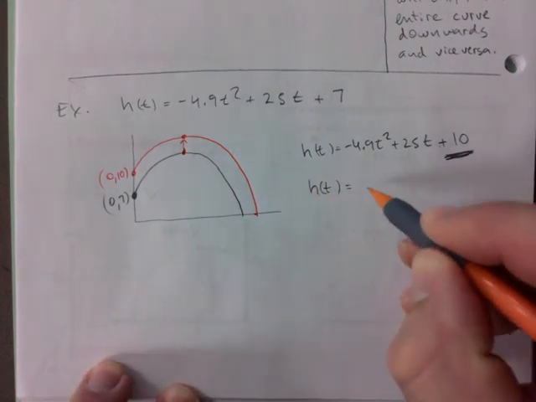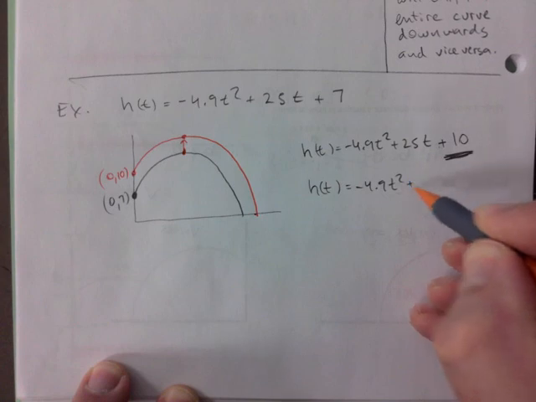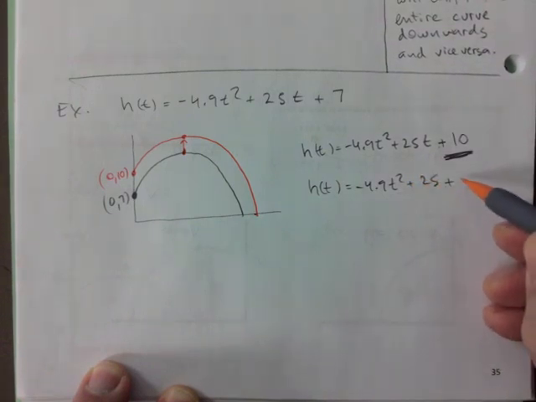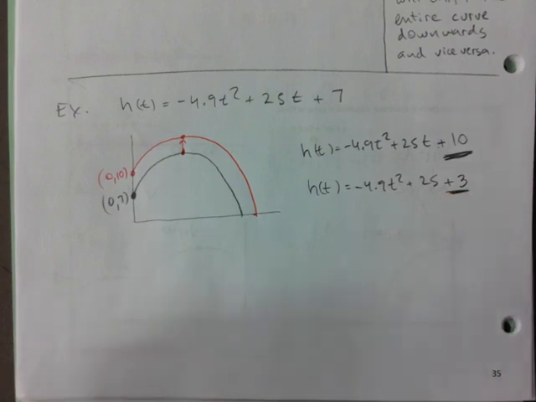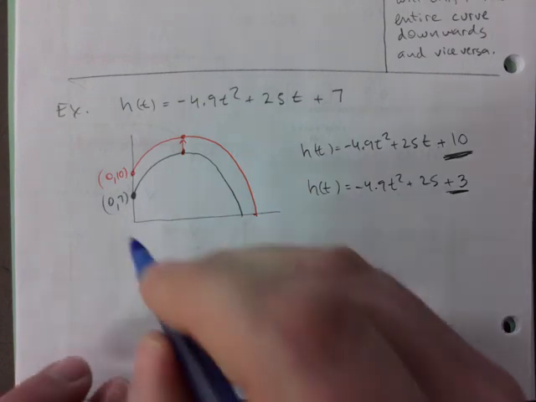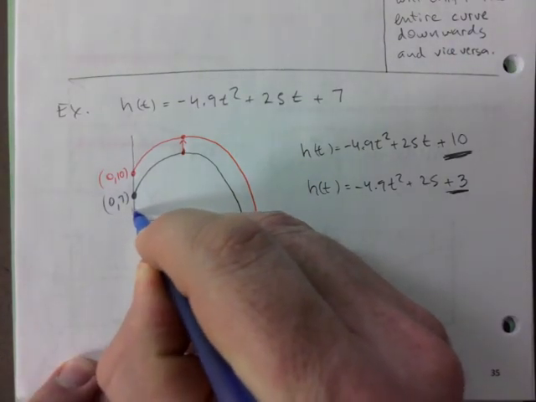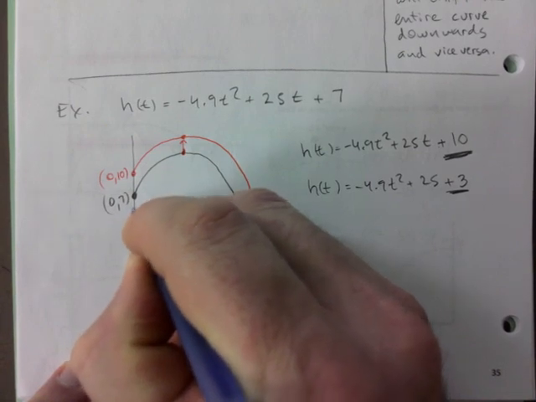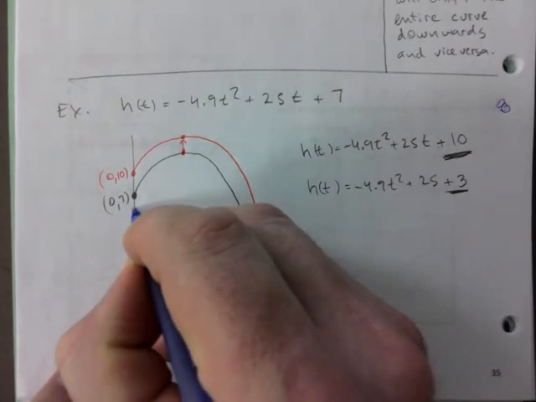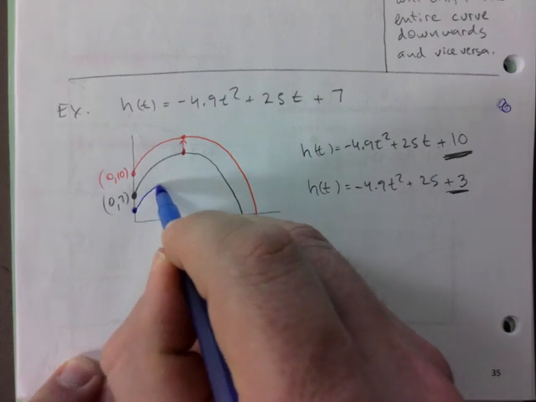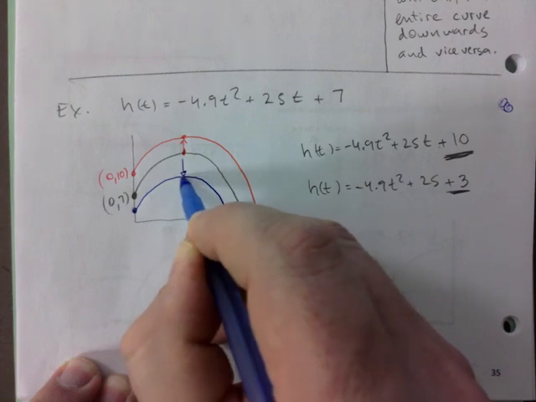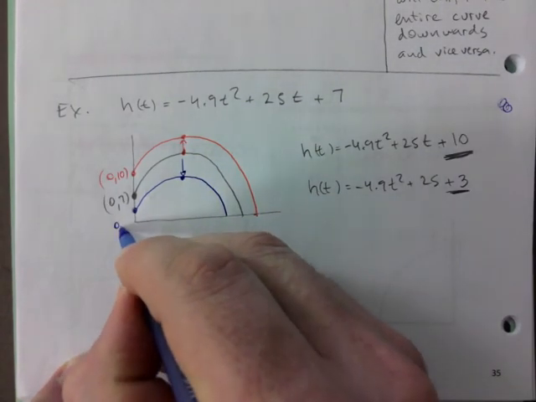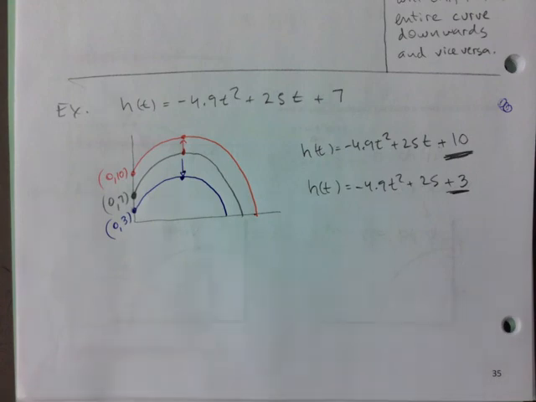H of t, negative 4.9 t squared plus 25t plus, let's say, 3. I'm going to use a blue pen or whatever you have, highlighter, you name it. Mine doesn't seem to work. Let's see. There it goes. It decreased over to here, and so you have 0, 3 at the bottom.